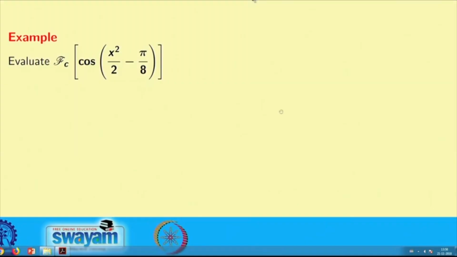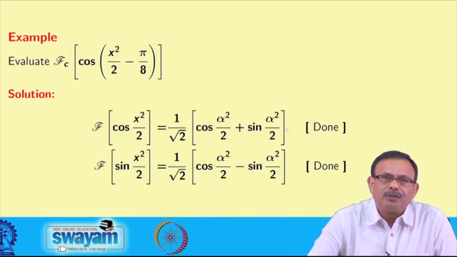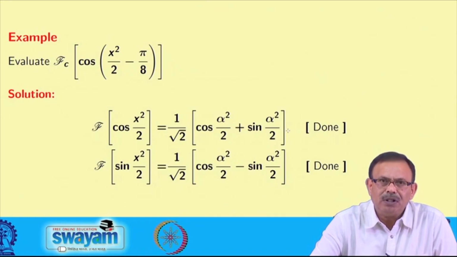Let us see here. Again you see I am just using certain functions whose transforms are known to me, like Fourier transform of cos of x square by 2 and Fourier transform of sin of x square by 2, which are known to us. Already we have done it earlier.